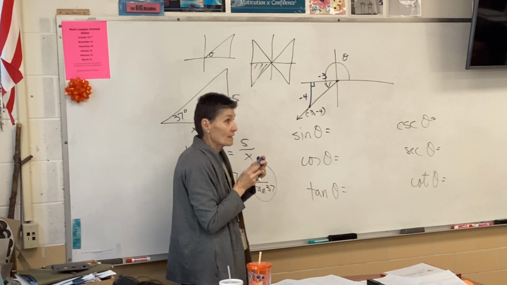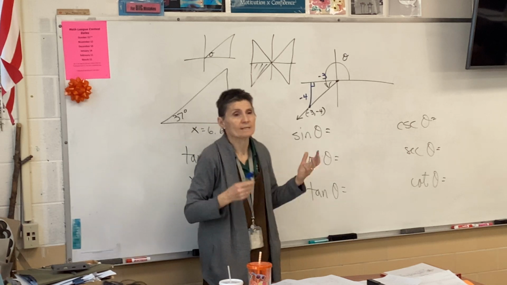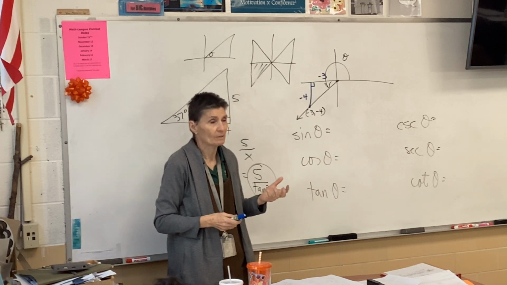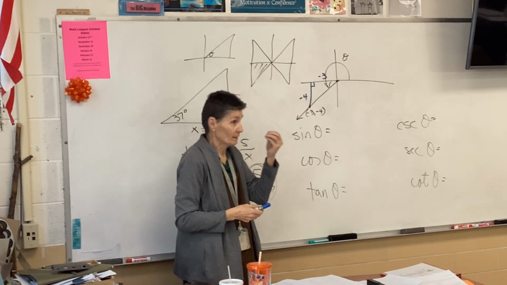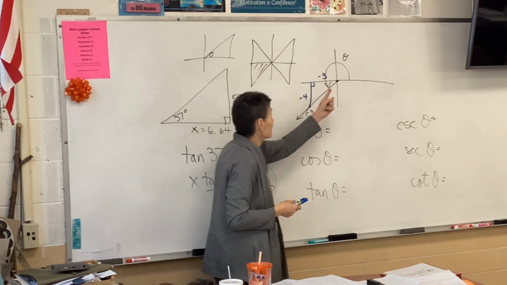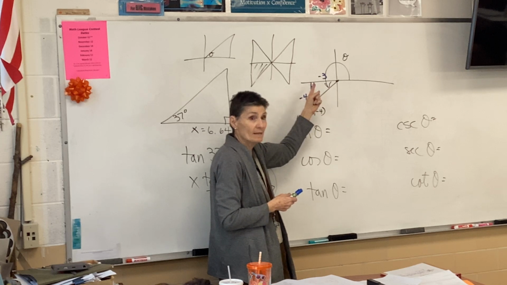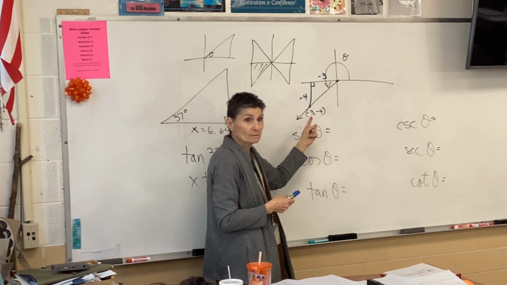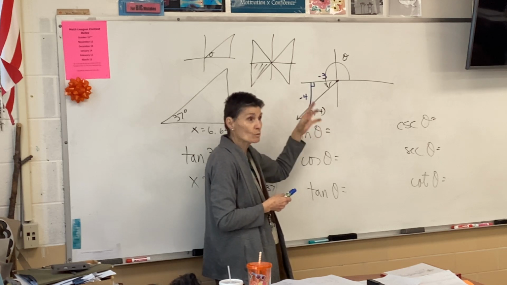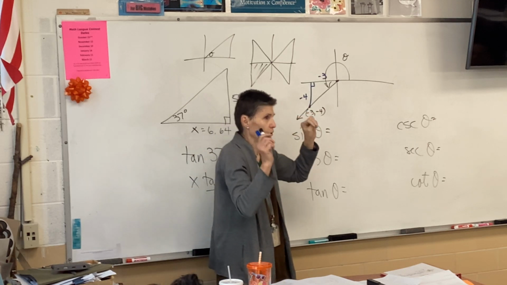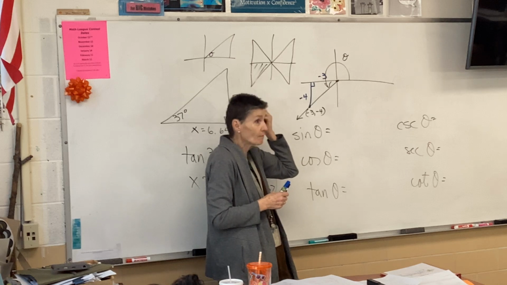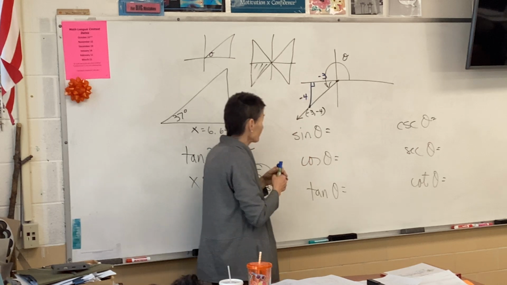Now I know what you're thinking. You're thinking, Mrs. Ford, sides of a triangle can't be negative. And you're right. But I'm going to leave those negatives on there because this tells me I'm going left and down. So those negatives are like directional things. Negative is left, negative is down.